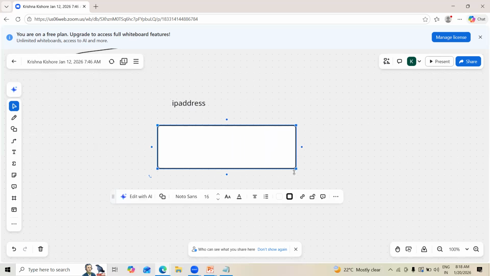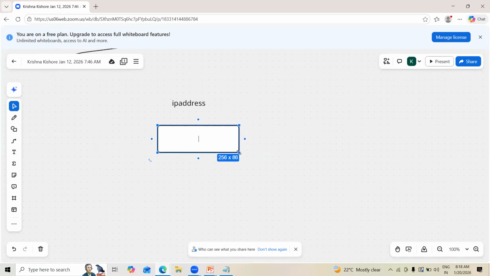Public IP and private IP. Where do you use a public IP? On the internet. That is important.